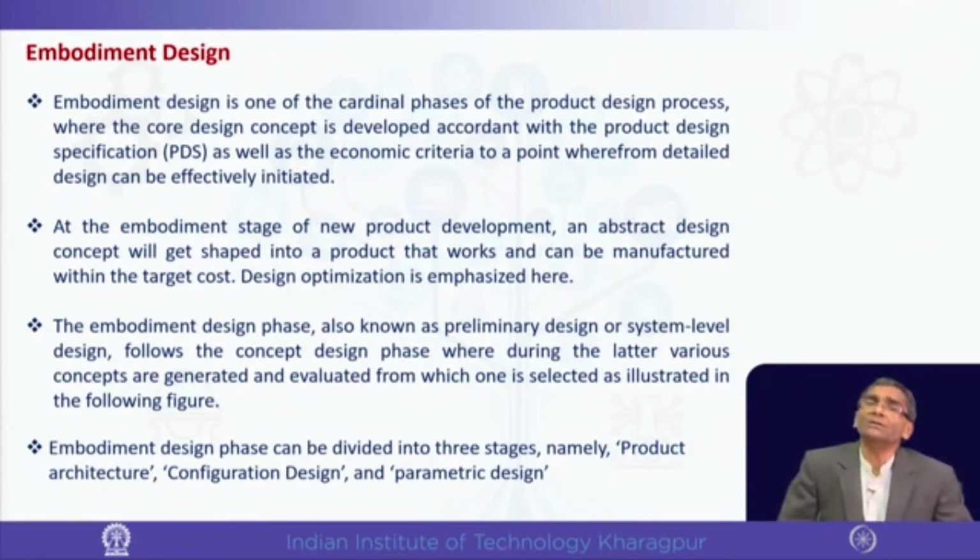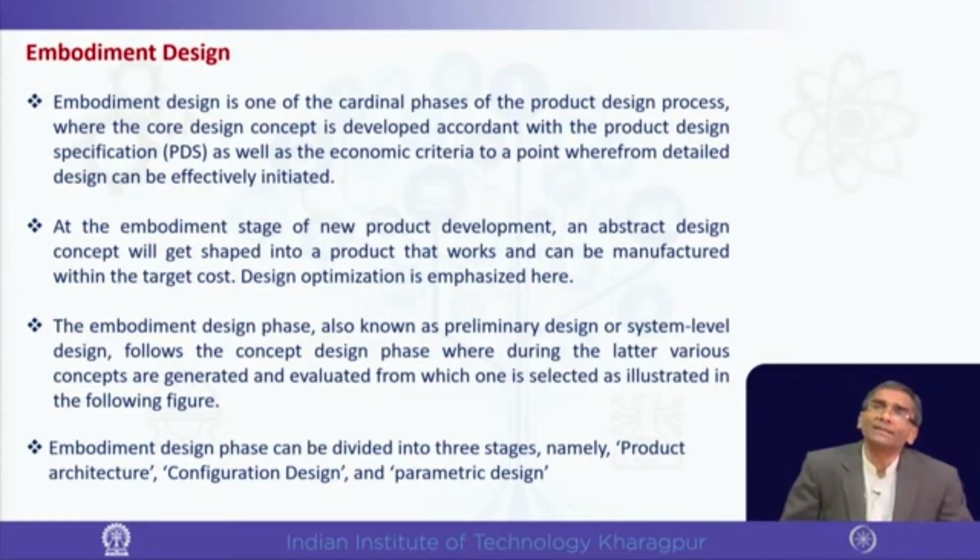So, target cost is what remains when we deduct all these profits at different stages, that is the factory cost, and the product is to be built within that. So when we say economic criteria, those are important to keep in mind, and that is one of the design constraints.